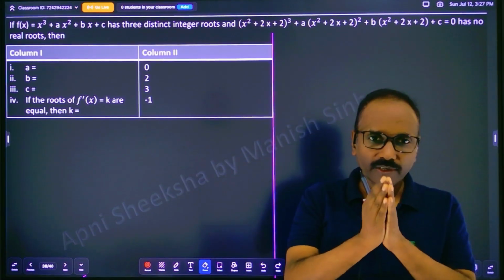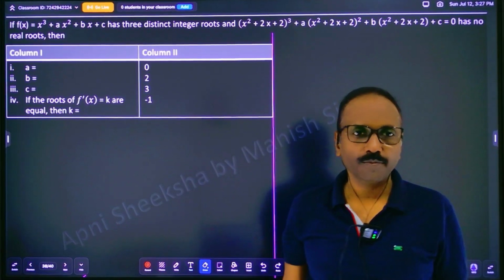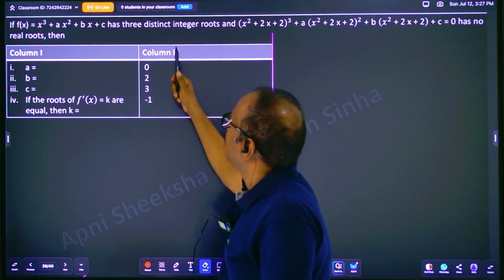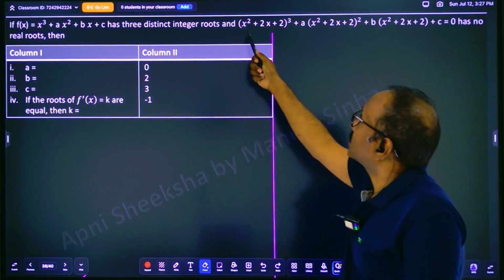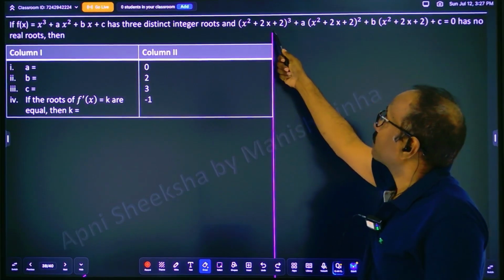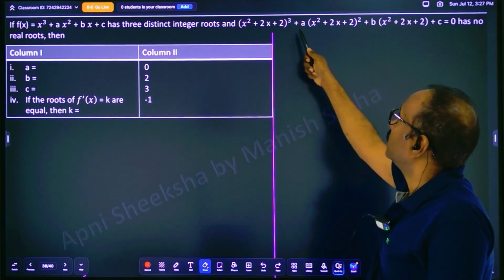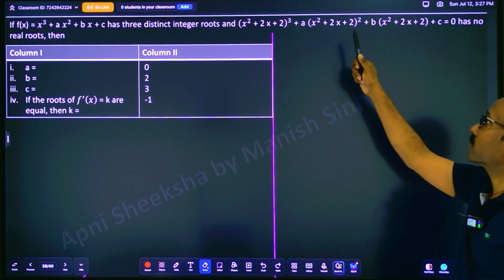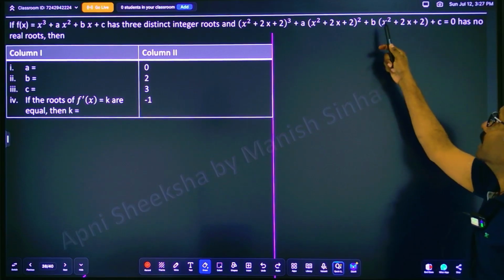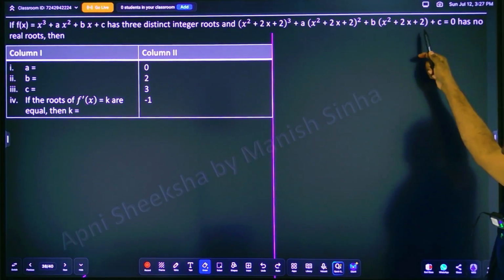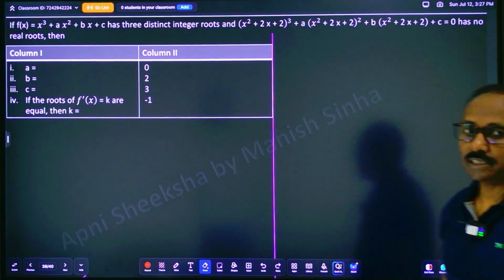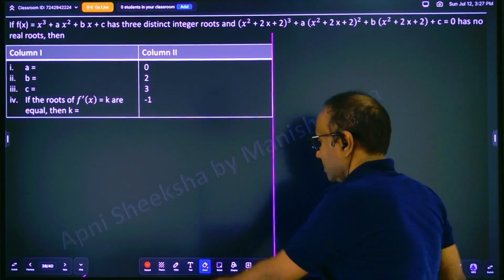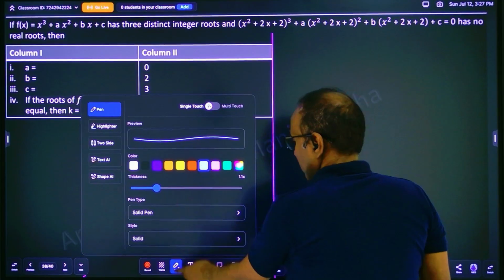So distinct, you are very clear that it will be different from each other, and it has to be an integer. Now another equation is given: (x square plus 2x plus 2) whole cube plus a into (x square plus 2x plus 2) whole square plus b into (x square plus 2x plus 2) plus c is equal to 0, and it is saying that this equation does not have any real roots.